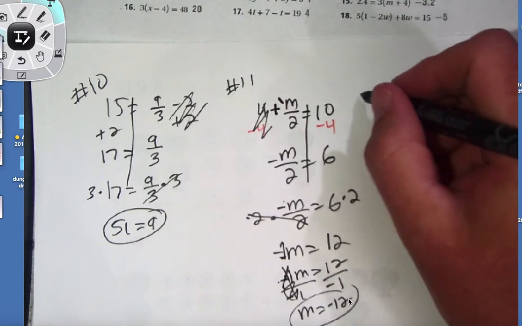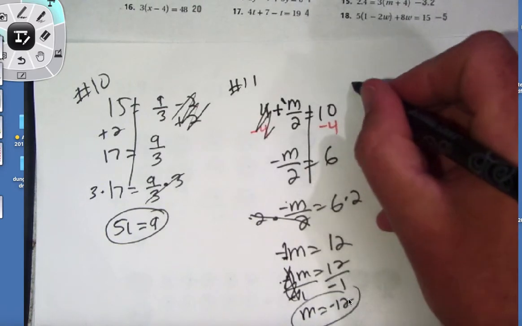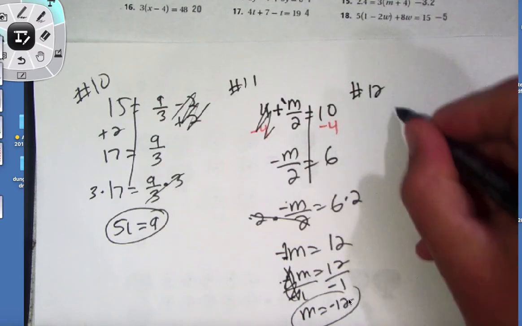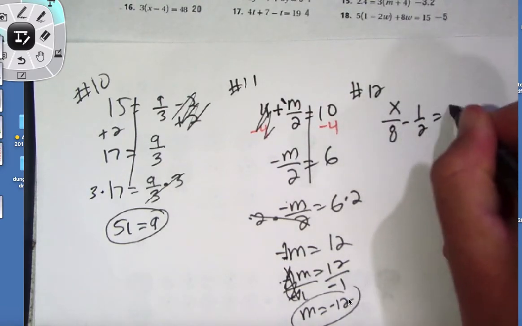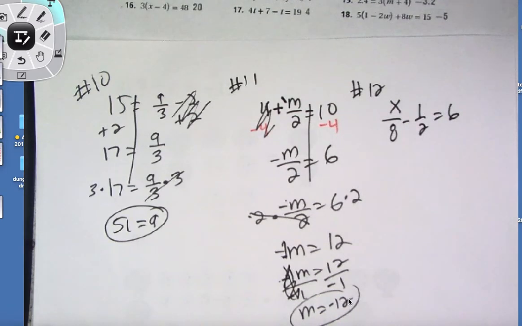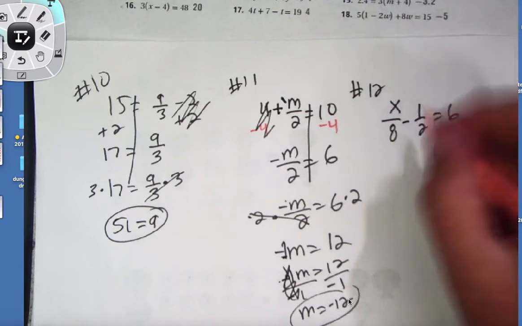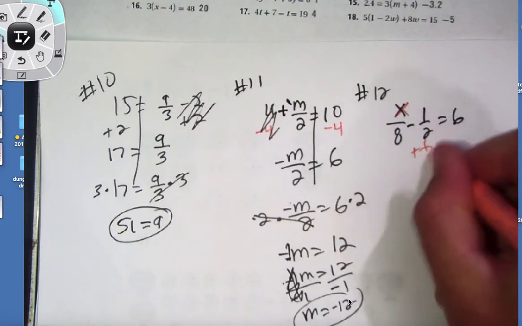All right, 12 we might be able to fit over here. Sure, why not? We get x over 8 minus 1/2 equals 6. So, solve for x. We'll add 1/2 to both sides.